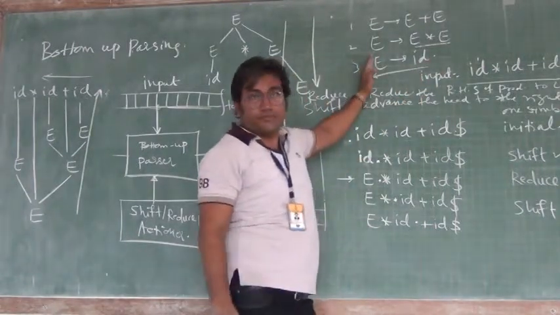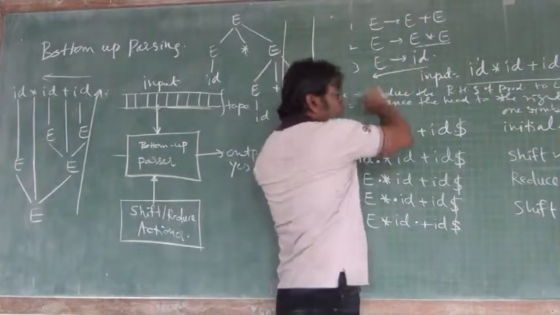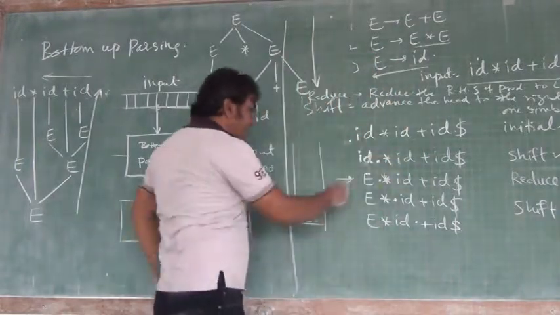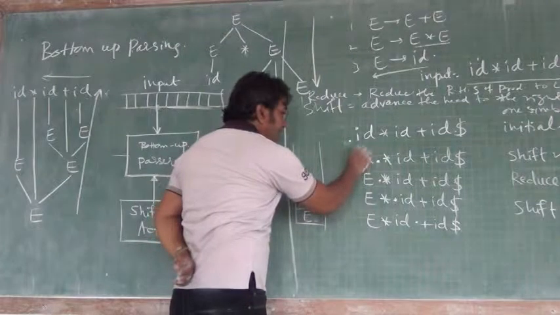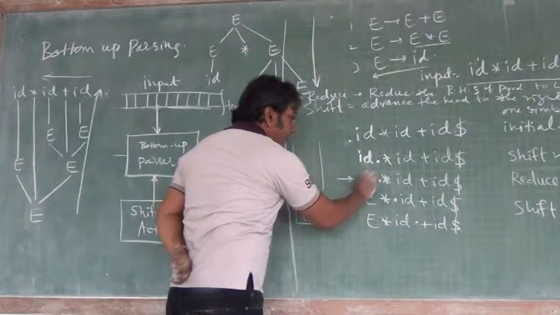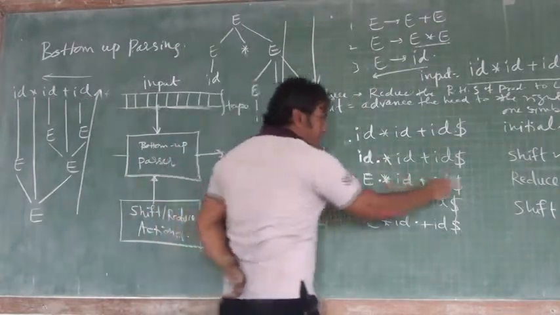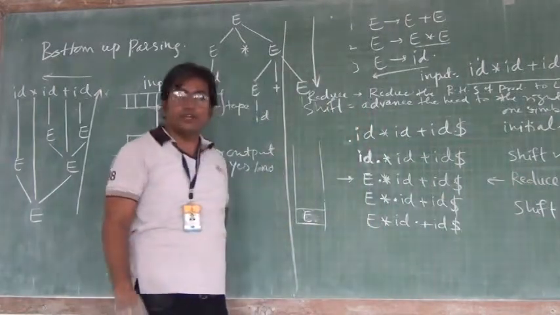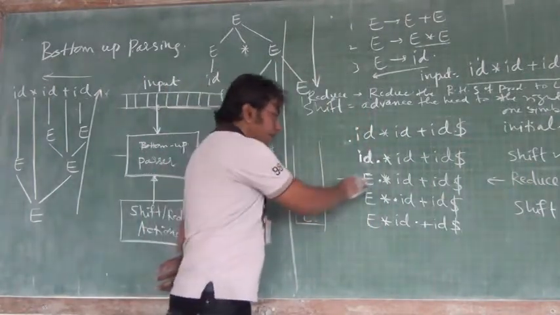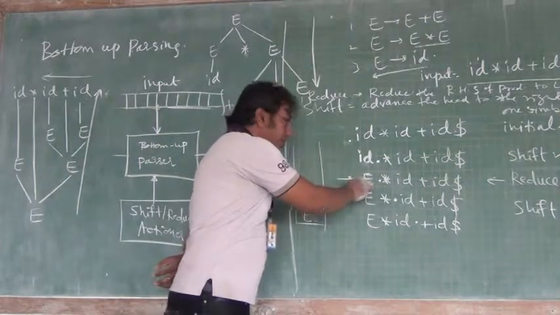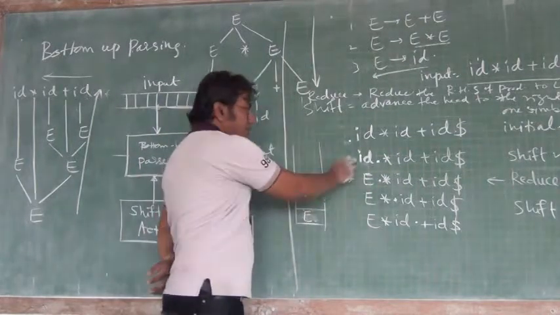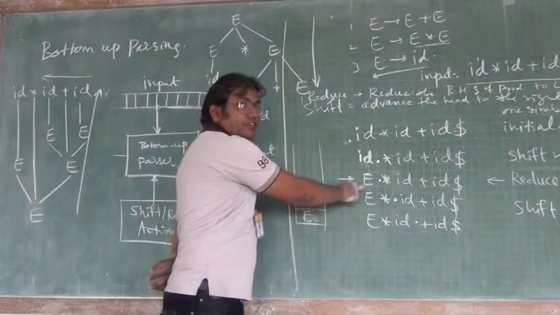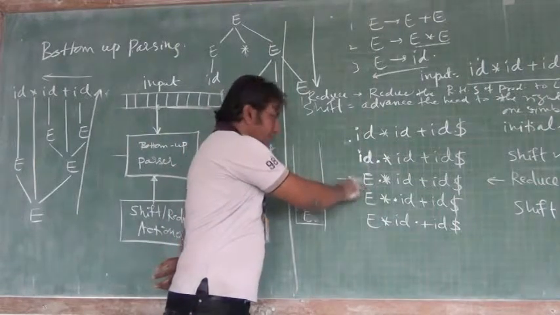Reduce it. How to reduce? Replace ID by E. That exactly I have done here. I replace this ID by E, because of the reduce action. I applied the reduce action here, and at this time I came up with this status.